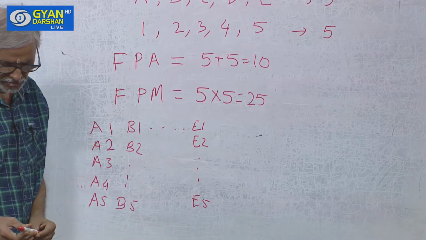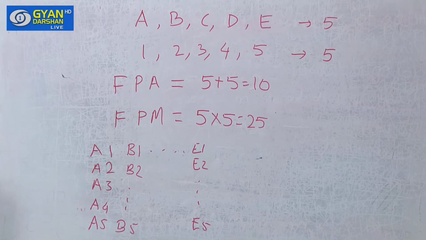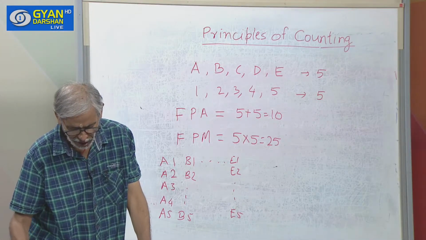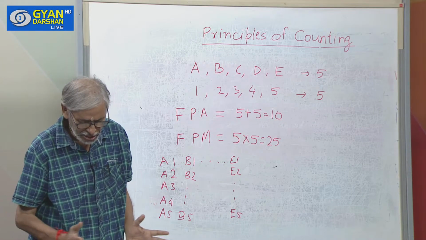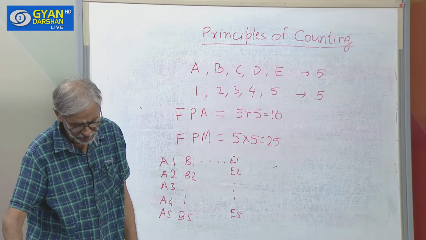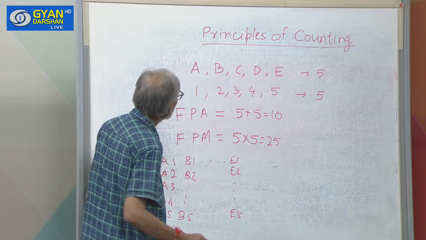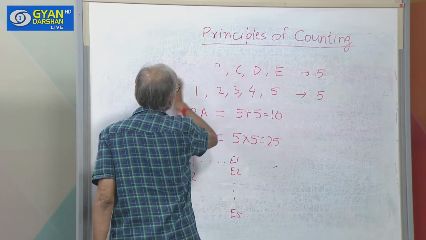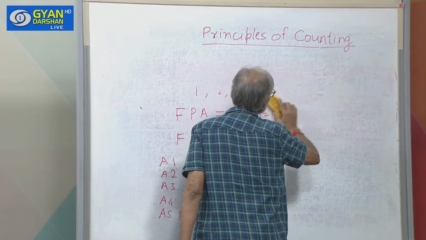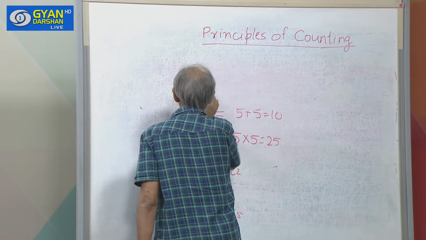So, you can see that in the fundamental principle of addition, you just sum up the things, and in the fundamental principle of multiplication, you multiply the things, so the options become manifold.